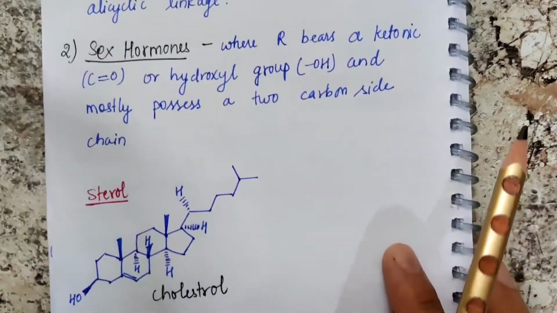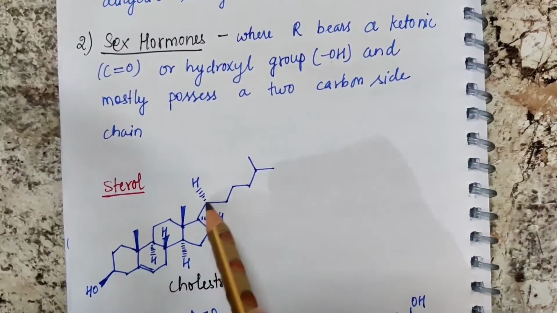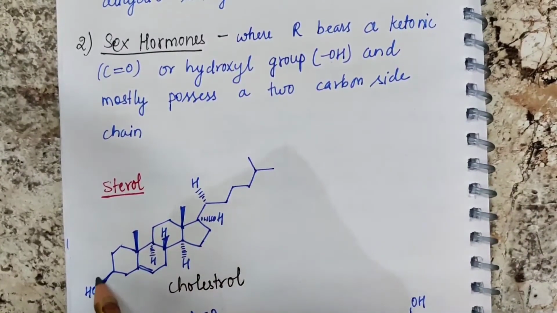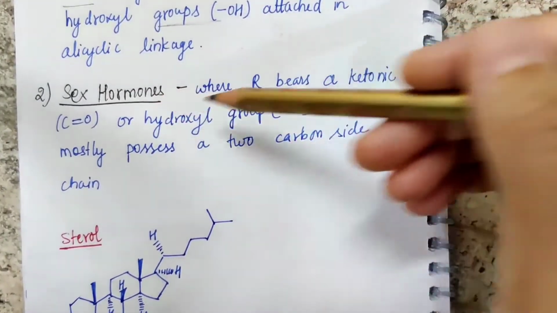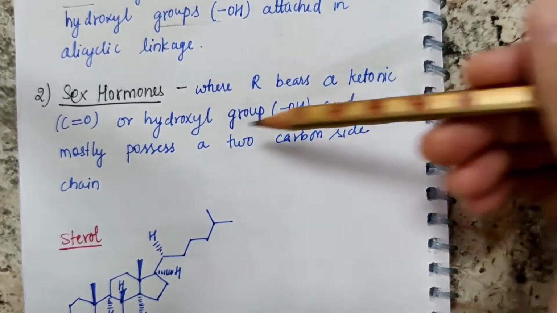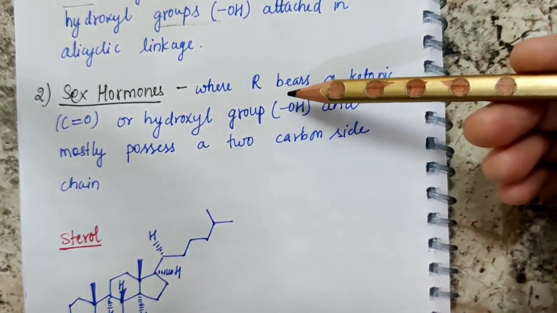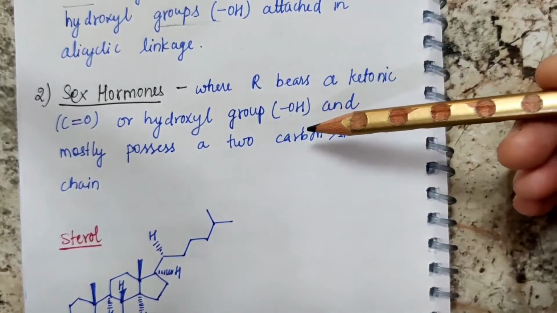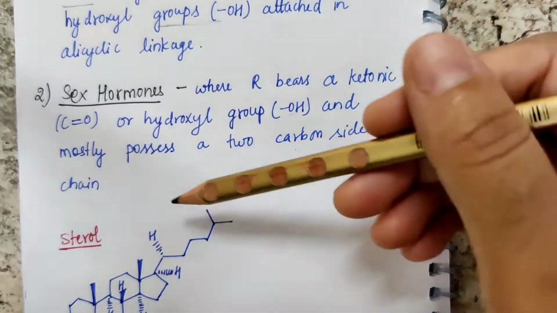If you see the example, cholesterol. Cholesterol is a sterol. It has an aliphatic side chain and a hydroxy group. Similarly, if we go to the sex hormones, the R bears a ketonic or a hydroxy group. That means the side chain will either have a ketonic group, otherwise it will have a hydroxy group, and mostly possesses 2 carbon side chains.